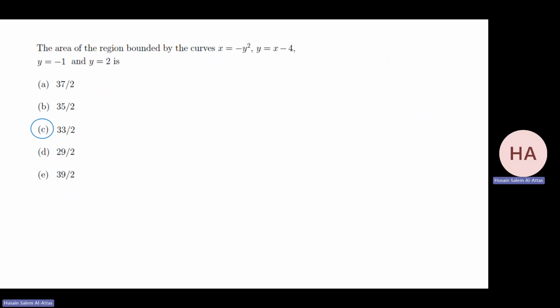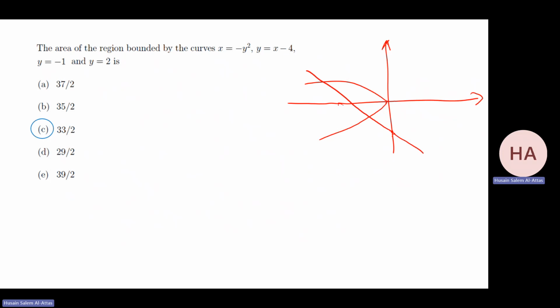The area of the region bounded between the curves, this. Very clear from the question that I need to think of it in terms of y: x equal minus y squared. So the parabola is this one, opens to the left, x equal 0 at the vertex. It's minus 4, we'll do something like this.